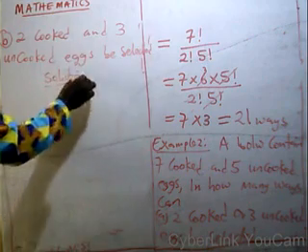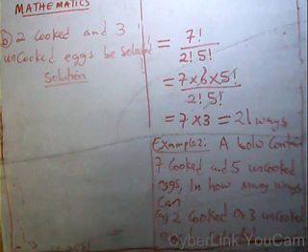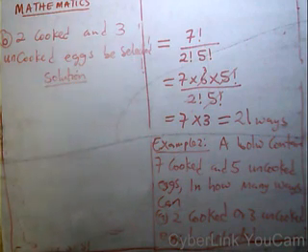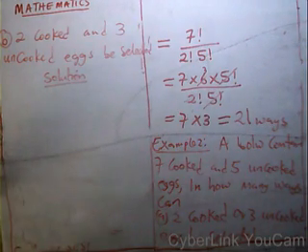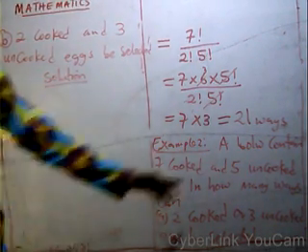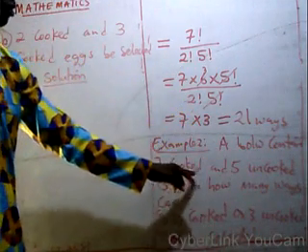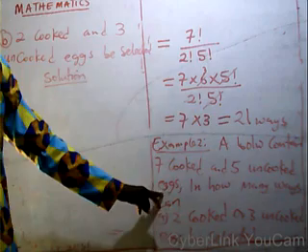Solution. If you look at this very well, I want to read this properly for clarity. We are told that a bowl contains 7 cooked and 5 uncooked eggs.